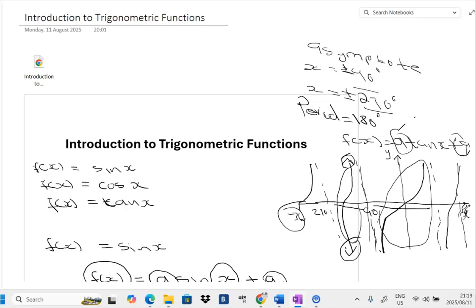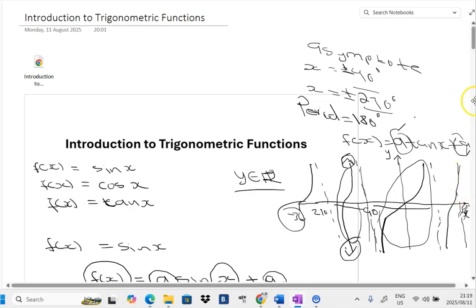Even this side is going up to infinity. So y is an element of real numbers. That is our range. Okay, I've spoken about a couple of things, and I think we can start answering some of the questions.